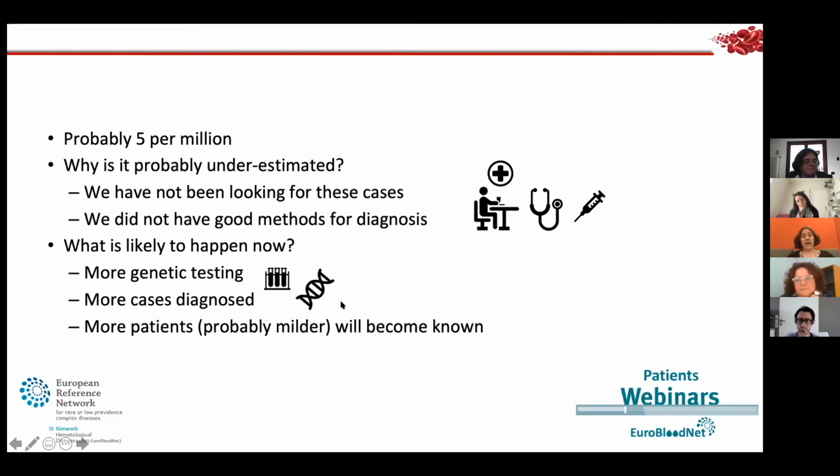So in the UK, I don't know about other countries, but in the UK, it's now become very easy to get a genetic test. And we're doing it much sooner when even a pediatrician is thinking that a child has an unexplained anemia. And we're finding more and more cases.